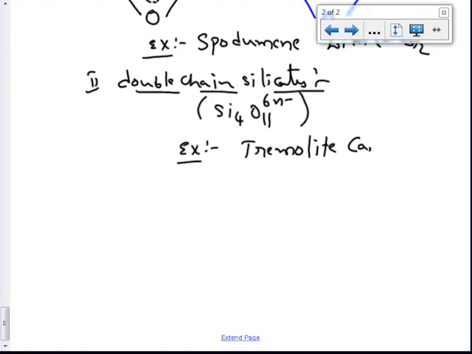Formula is Ca2Mg5Si4O11 whole squared, OH twice. This is the double chain silicate formula.